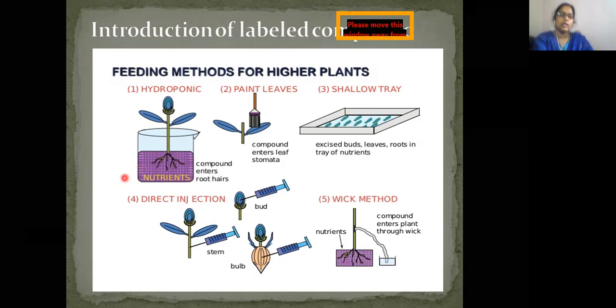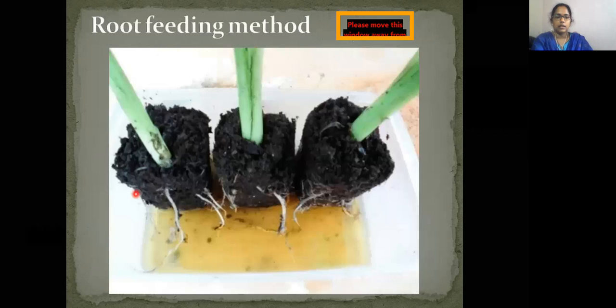Here we take the hydroponic solution, which contains the radio labeled compound. Next, you have to place the roots of the plant in this hydroponic solution, like this. So this is our hydroponic solution containing radio labeled compounds.